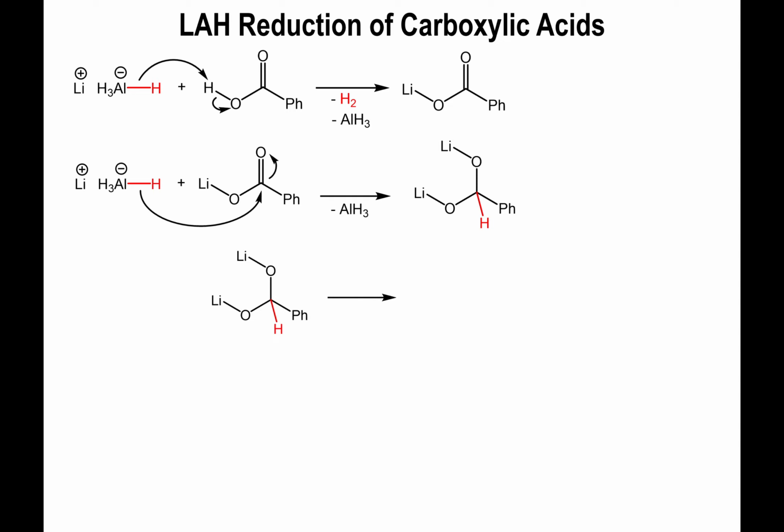All right, so here basically what needs to happen is that one of the oxides needs to come off. So you could think of this as moving the electrons of that lithium oxygen bond back down here to reform the carbonyl, the same way that we did for the esters. But now the leaving group is an even worse group. Now we're having to kick away oxide, which you would think is not possible. Like, no way.